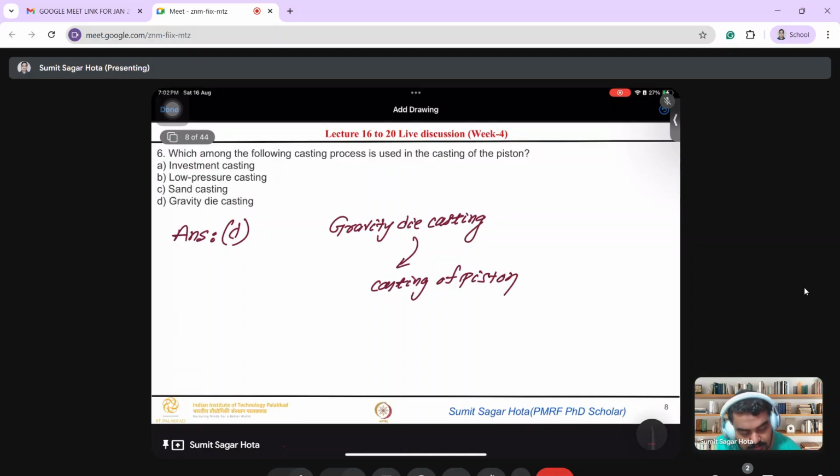Pistons can be prepared by two processes: one is by casting, and one is by forging.